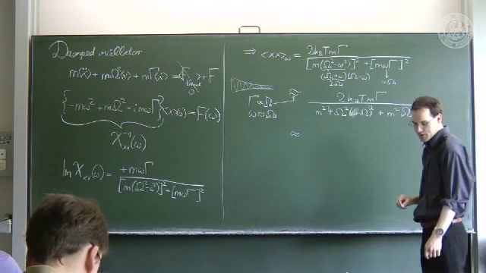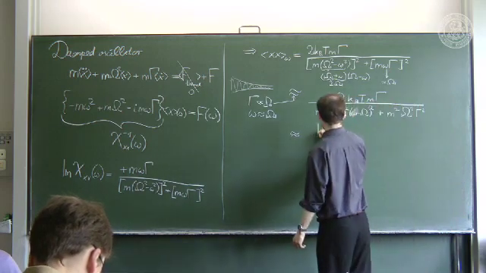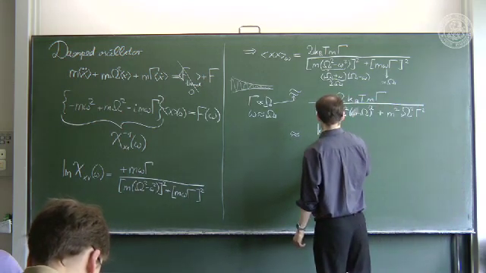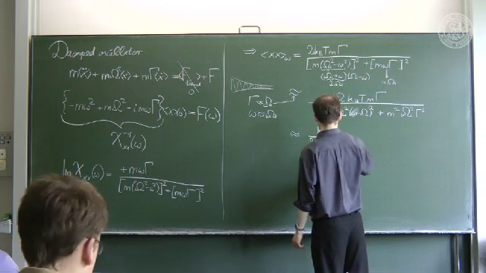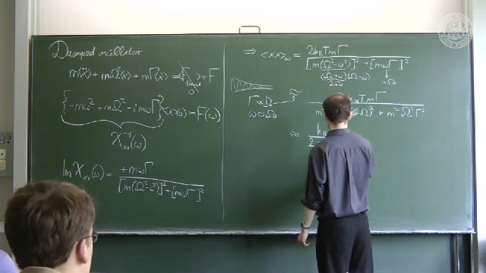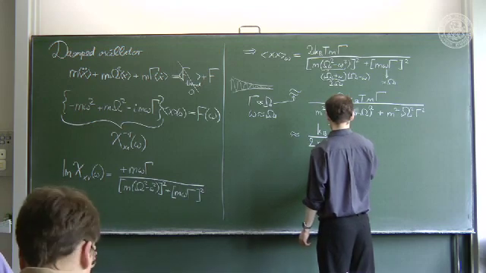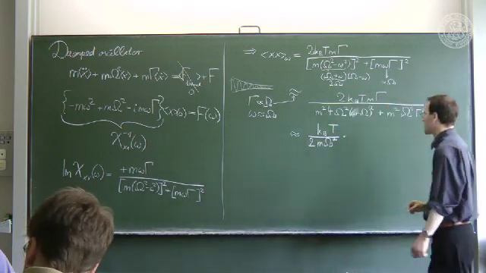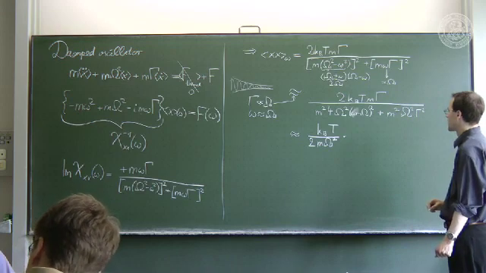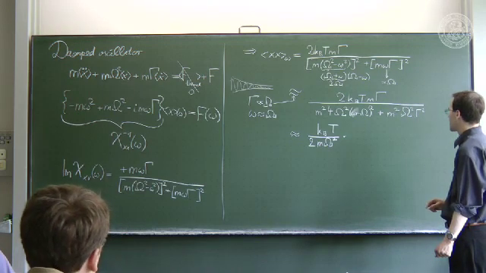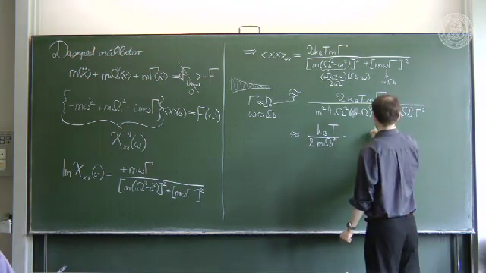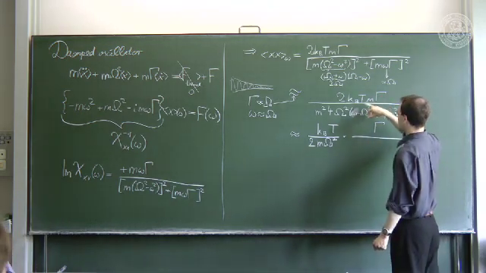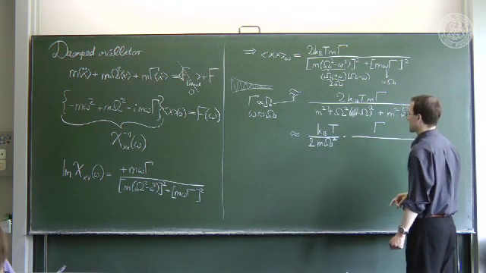So let me pull out kBT and some m omega squared and in addition a factor of 2. So now I keep gamma in the numerator, I divide everything by m.